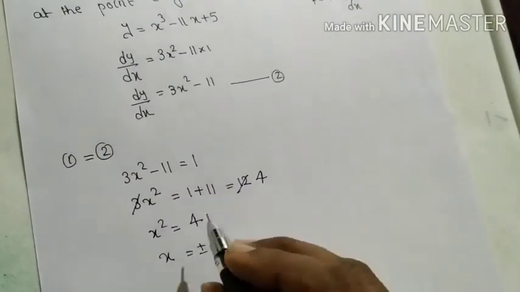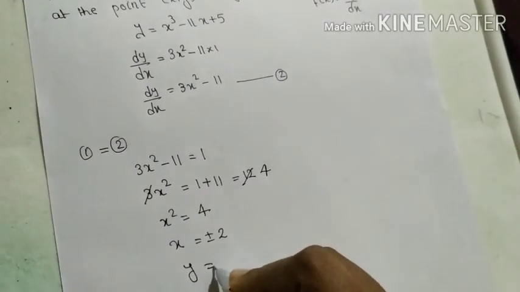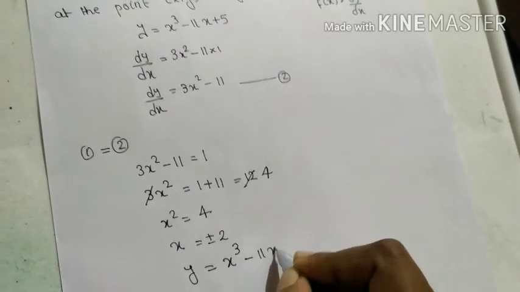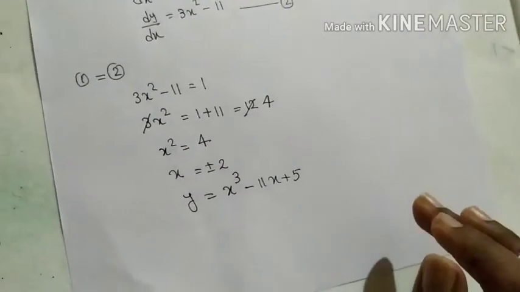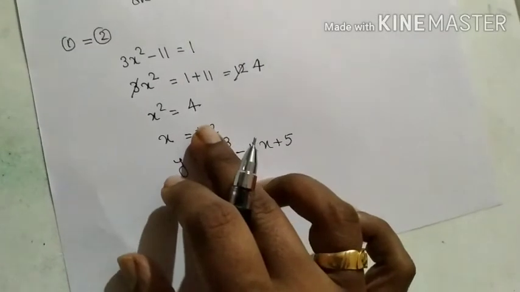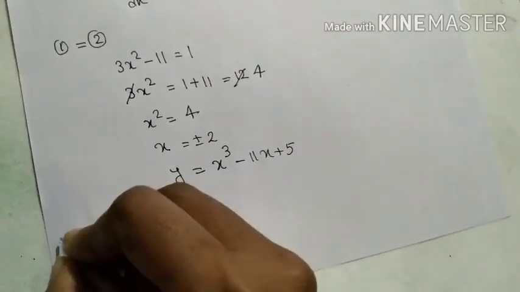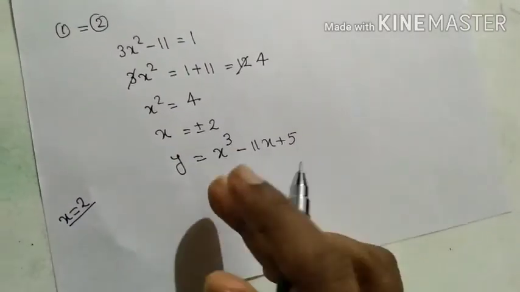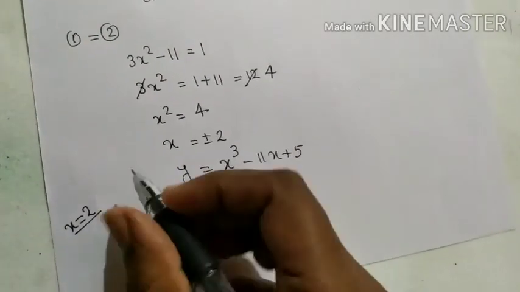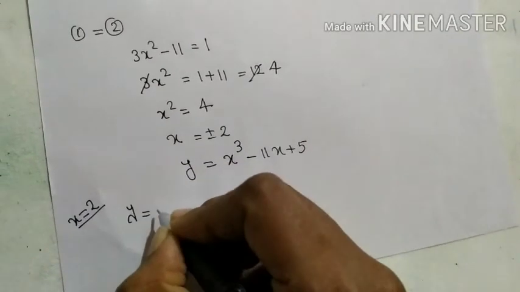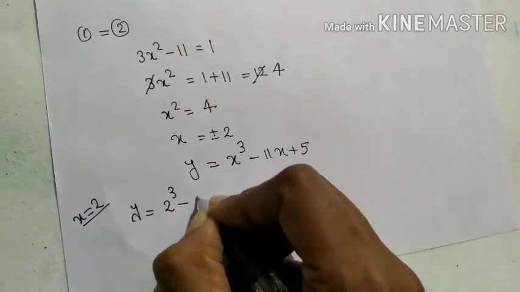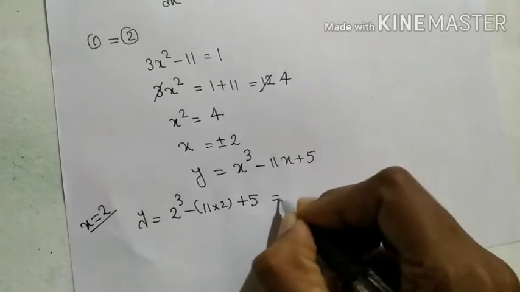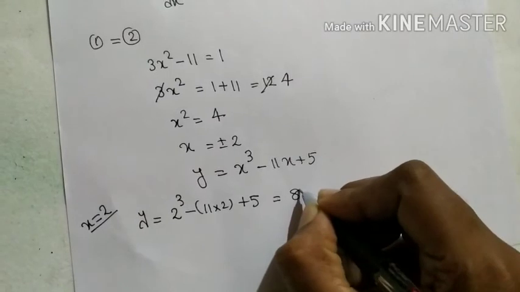So, our given curve is y equal to x cube minus 11x plus 5. So, here we get two values of x. So, first put x equal to 2. In the given curve, we get y equal to 2 cube minus 11 into 2 plus 5. Which will be equal to 2 cube is 8, right?